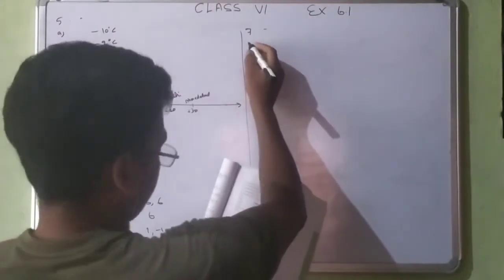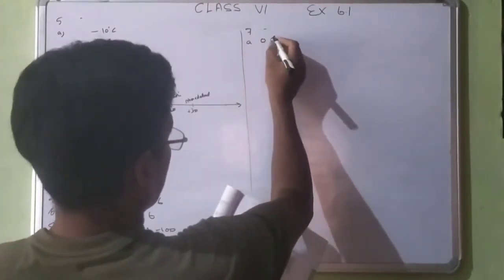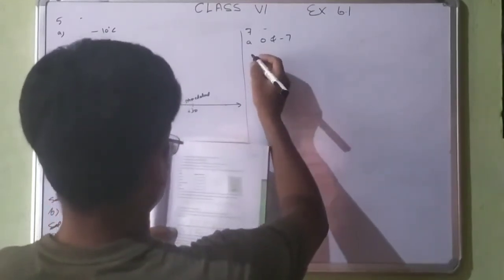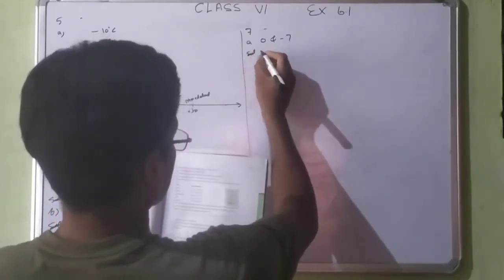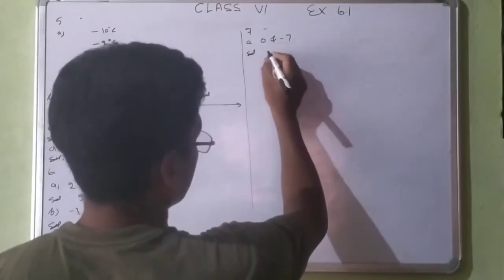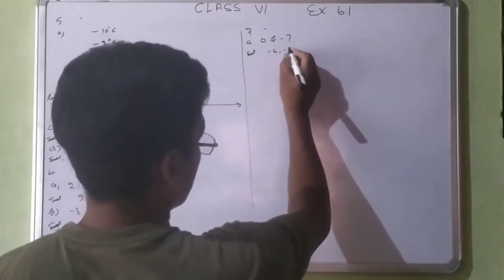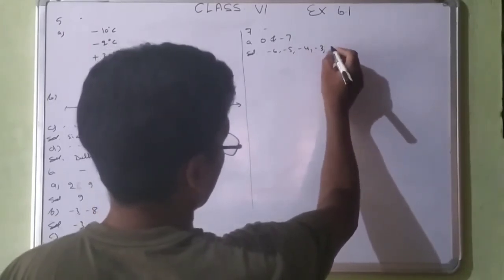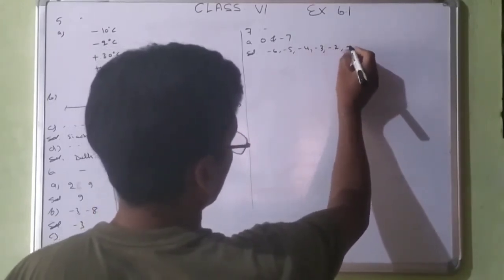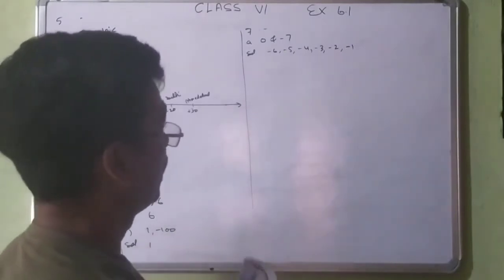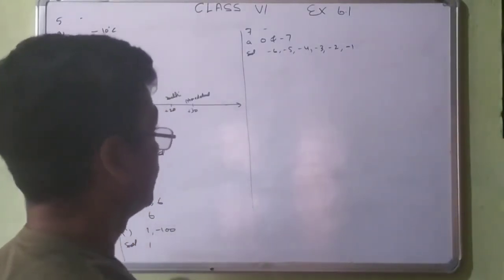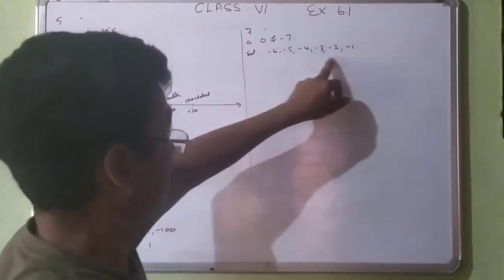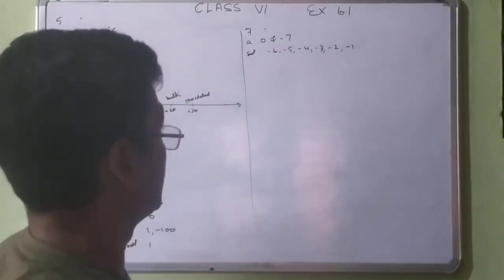A part, 0 and -7, so integers that will become -6, -5, -4, -3, -2, -1. These are in increasing order, and these numbers are between 0 and -7.